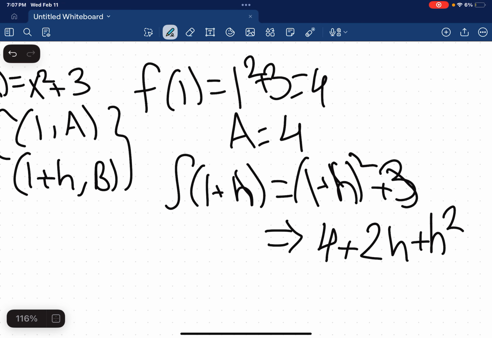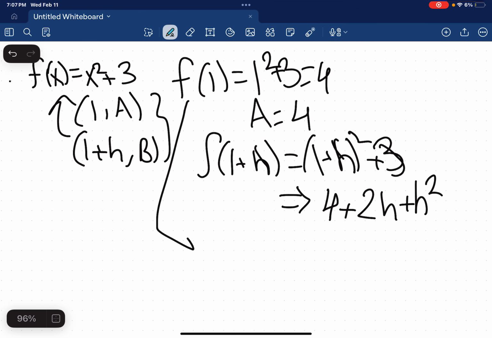Okay, and the equation for the secant gradient, I had to search this up actually, because I forgot what it was. Deduce the gradient of the secant, find in terms of h the gradient of the secant.